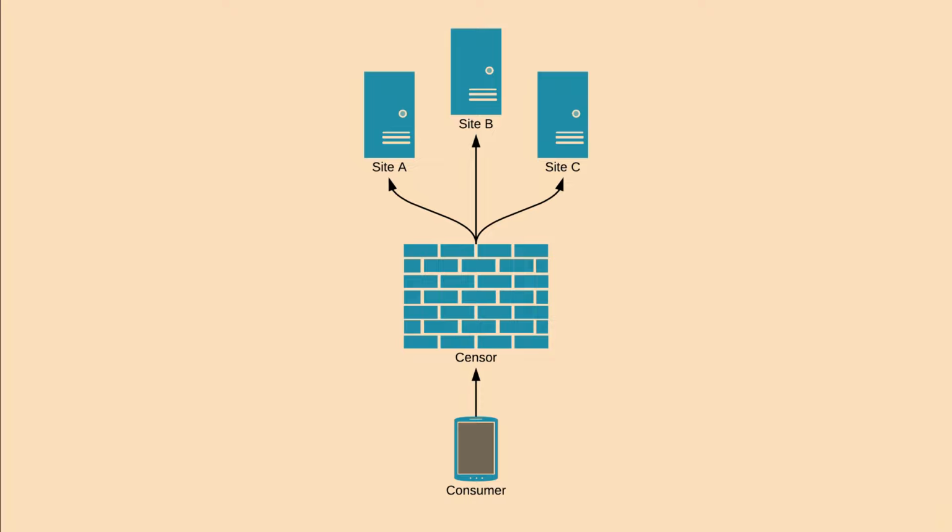Let's see a diagram on how Lantern works. We see here at the bottom, we have a consumer, a mobile phone. We see in the middle that we have a censor represented by this wall. And we have different sites there. We have site A, site B, and site C. So let's represent the content of the sites with animals.